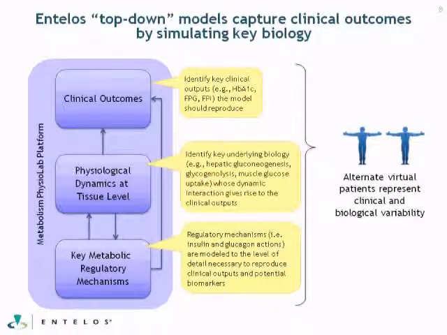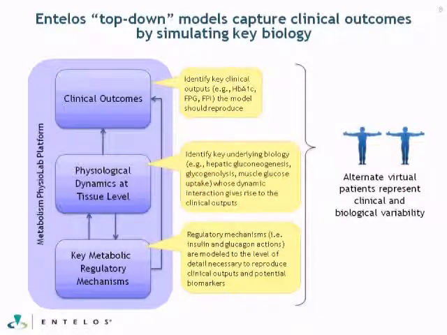While constrained by clinical outcome data, diversity in the complex interactions of physiological dynamics and the regulatory mechanisms allow the creation of alternative solutions in the underlying physiology, but still reproducing the appropriate outcome behavior.